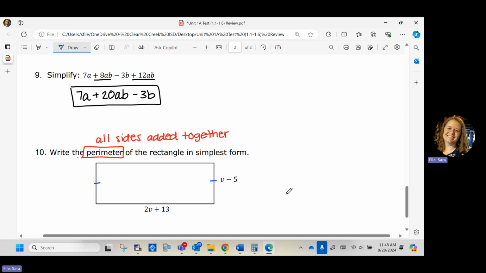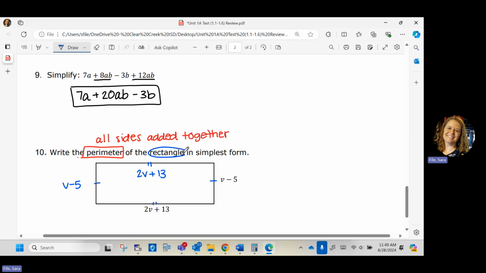The sides across from each other are what? They're the same. So even though they didn't label this side, I know that this side is also V minus 5. Okay, same thing here. Even though they didn't label this top side, I know that it's 2V plus 13. Because it's a rectangle, those opposite sides, I know they're the same.